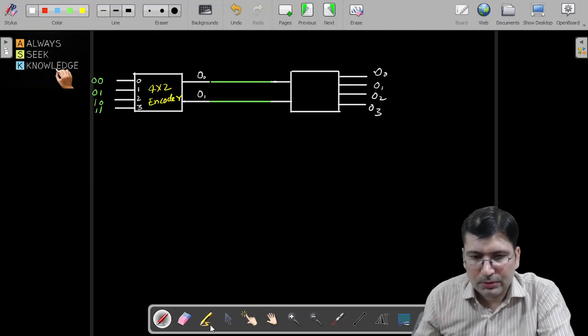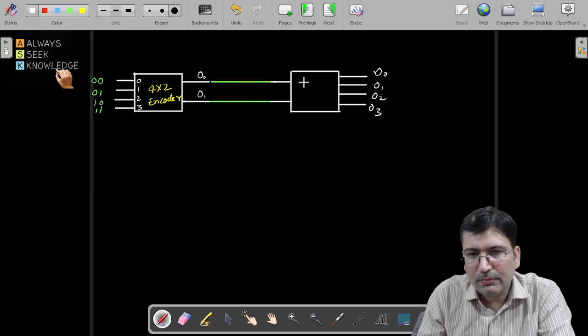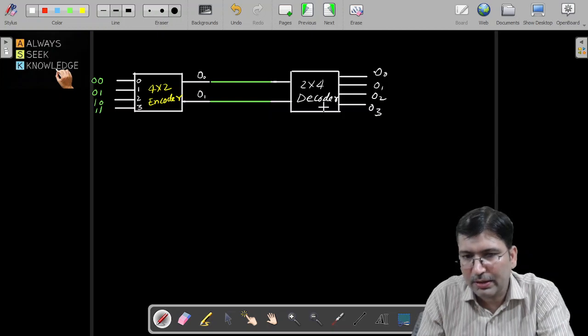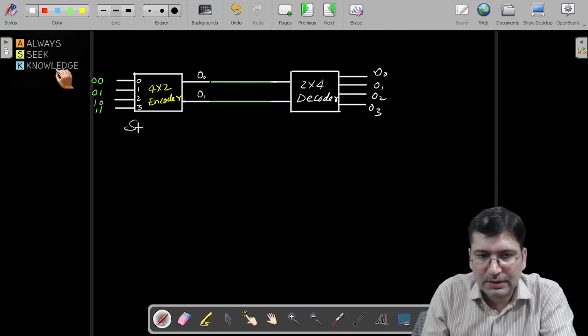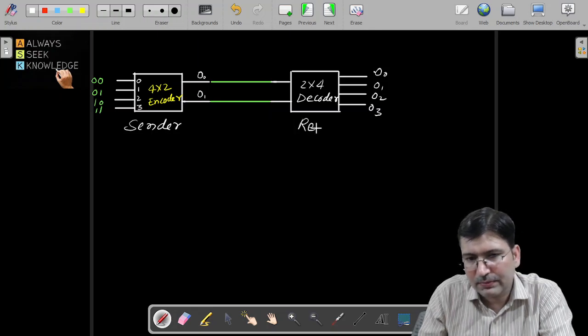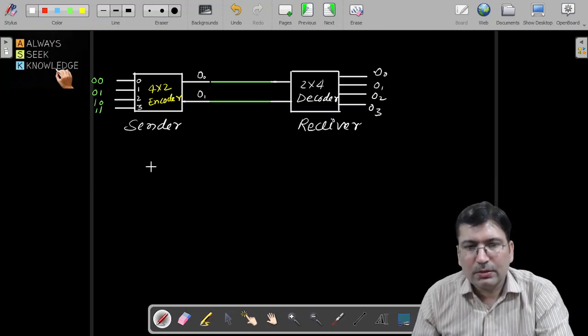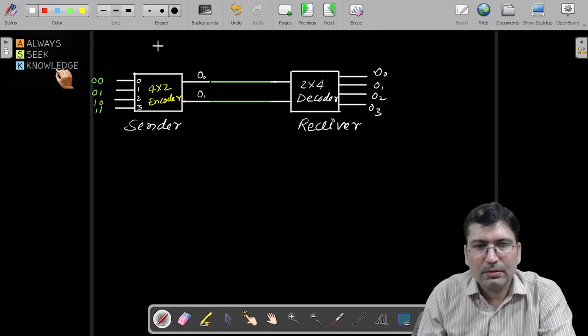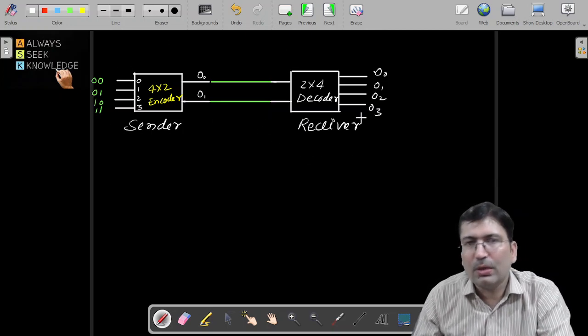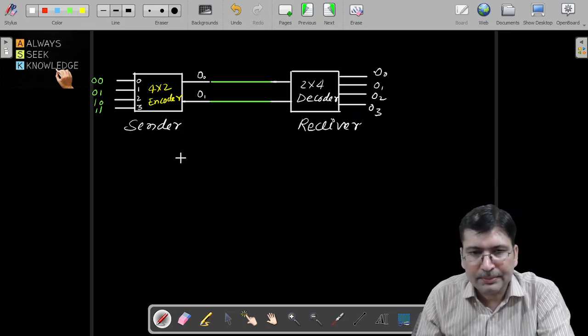So this is the 2x4 decoder working at the receiver end. This is the sender or transmitter end, and this is the receiver end. In that way, the encoder and decoder work.